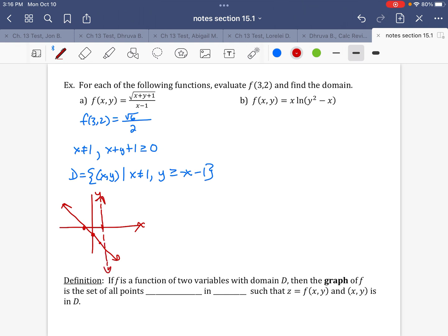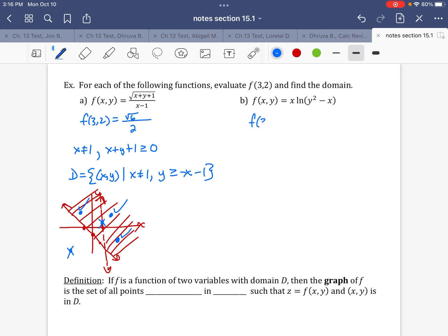So basically, I want everything greater than this line, but I also don't want to touch that red line right there in the middle. So for instance, if I pick something over here, that would be okay. Something here, fine. Something over here, fine. But pick something on this line, no. Pick something over here in this area, no. Okay, so that way you can note the domain.